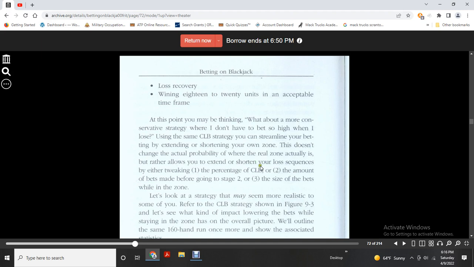At this point, you might think about a more conservative strategy. I don't have the high win with losing, even with the current clearance losing bet strategy, even with the streamlining of the betting and the shortening of the zone. This actually allows you to extend the short and losing sequences, either by tweaking, one, the clearance level of the betting, and two, the amount of bets made before going to stage 2 or 3, and the size of the bets while in the zone.